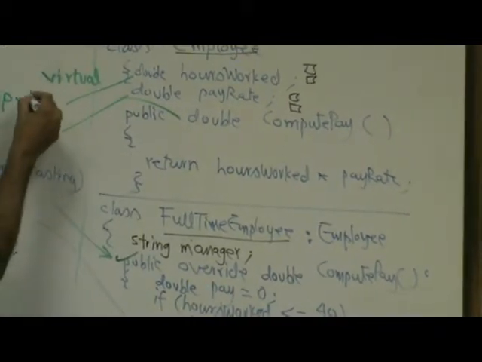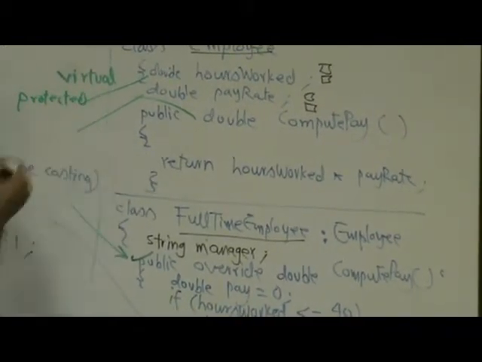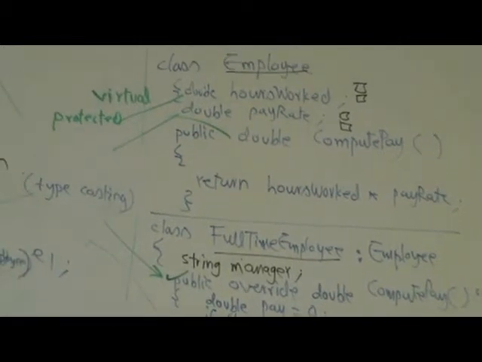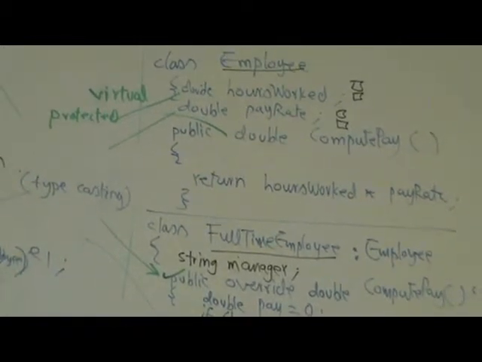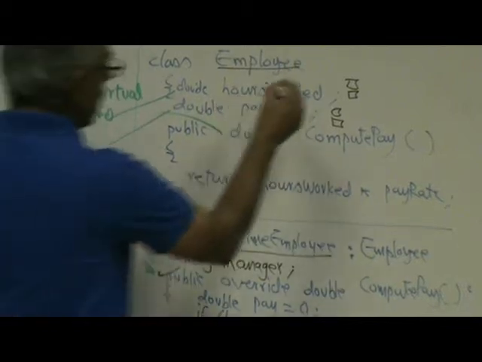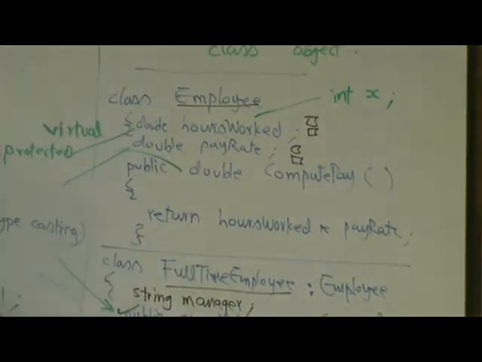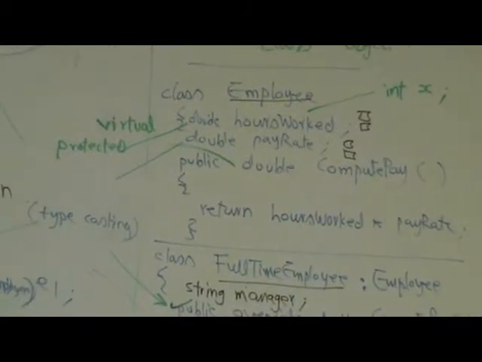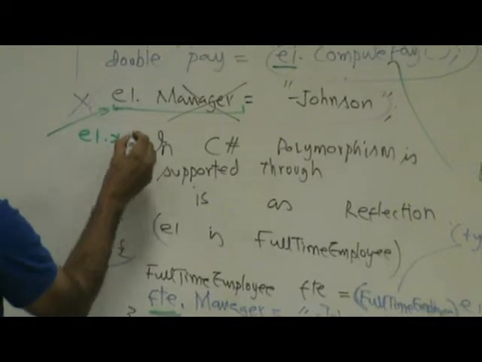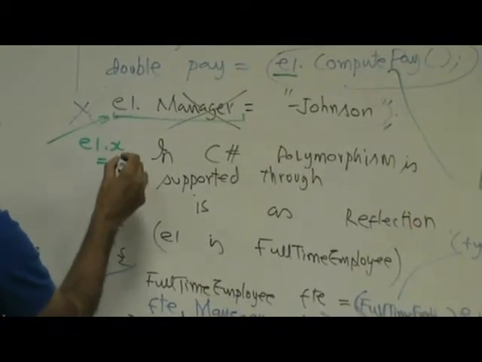I'm just asking another question. If there is a private variable x in the base class, and now we are calling e1.x on the left-hand side and setting it to something, like from getters and setters.